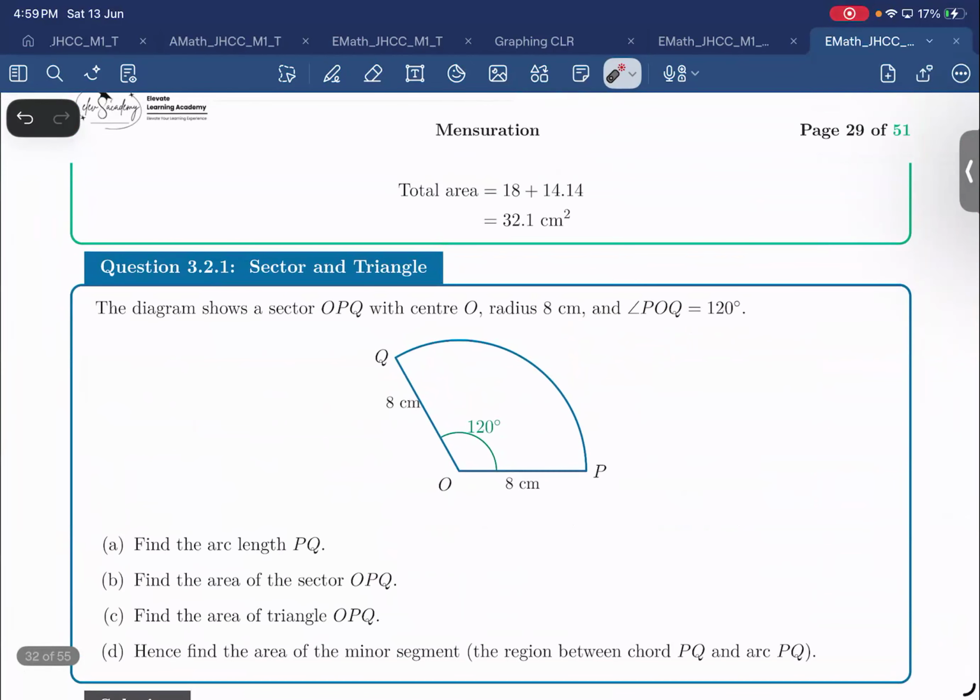You can give this question a try. Feel free to refer to the formulas on the first page of the chapter if you want to find the area of a sector or the like.